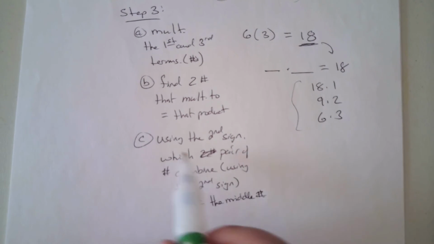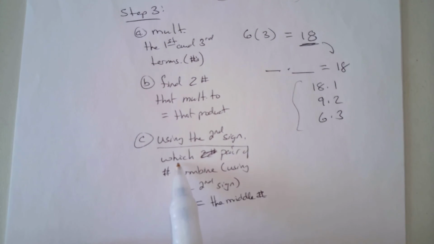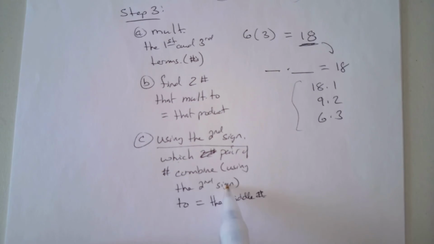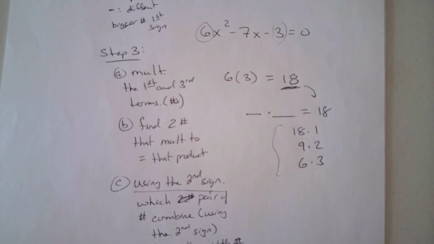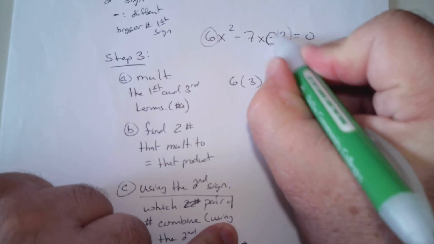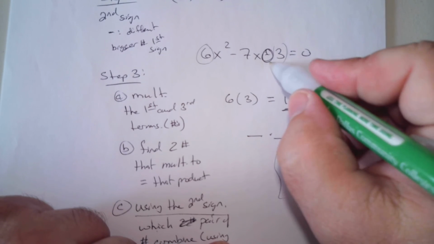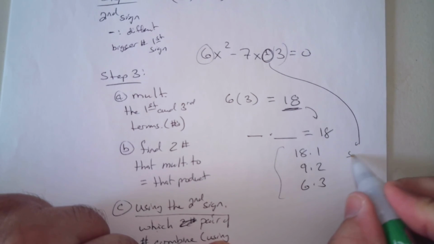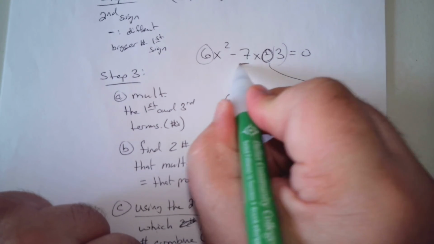Using the second sign, this is what tells us whether it's add or subtract. Which pair of numbers combine using that second sign to equal the middle number? So which one of these pairs, when we subtract them, equal 7?